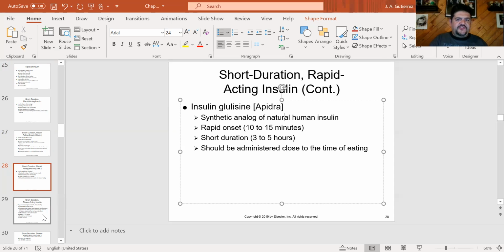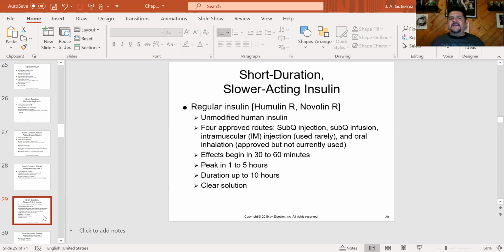Okay, now we're going to jump to the short duration, slow-acting insulins, or regular insulin. As you can see here on the brand names is Humulin R, Novolin R. The technique of administration is a sub-Q injection, sub-Q infusion. That means it can be used with an insulin pump.